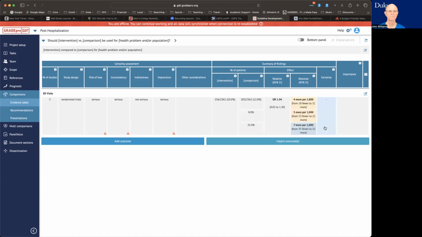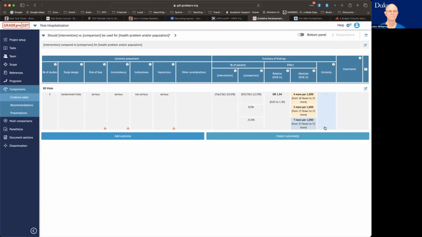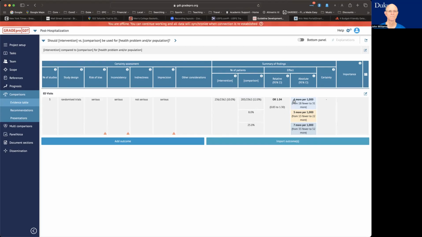And then Gradepro does the rest. So it tells you that at your base case of 12% in the control group, there would be 4 more ED visits per 1,000 with a 95% confidence interval ranging from 18 fewer to 31 more for the intervention.